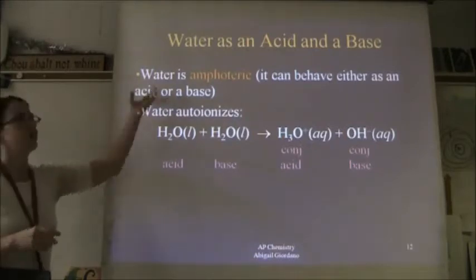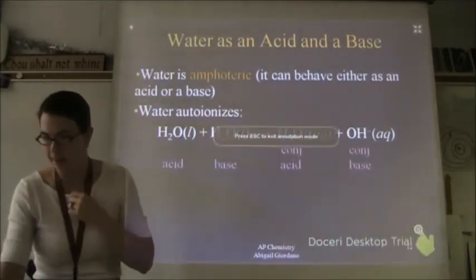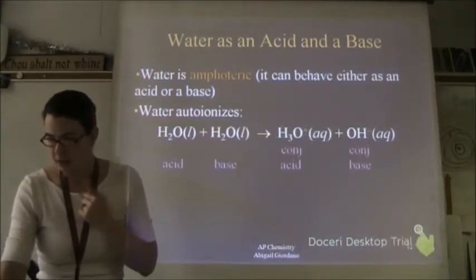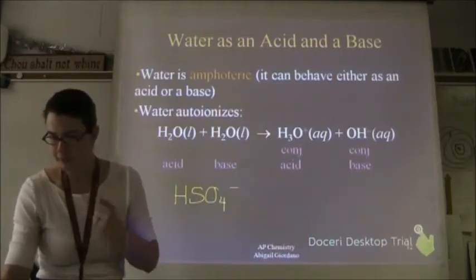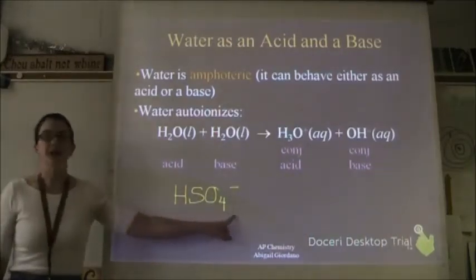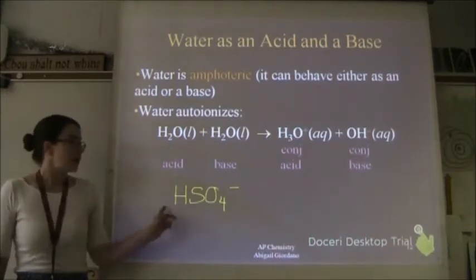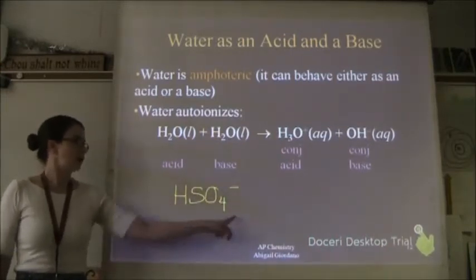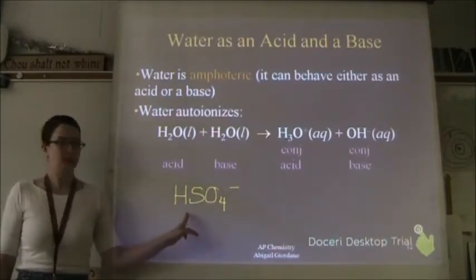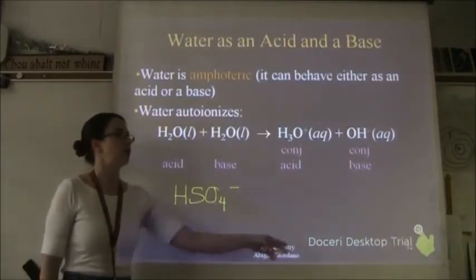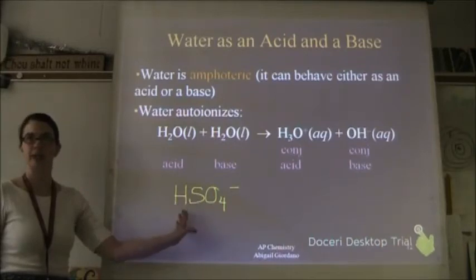Okay, but water's not the only thing that could be amphoteric. For example, this ion, this is one of our polyatomics. This is another example of something that is amphoteric. If this ion, ladies and gentlemen, behaves as an acid, what would it become? What would this guy's conjugate base be?